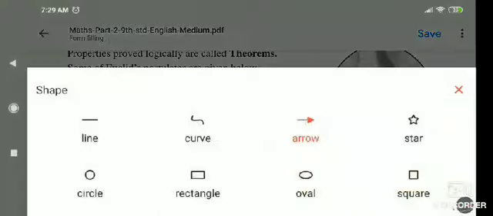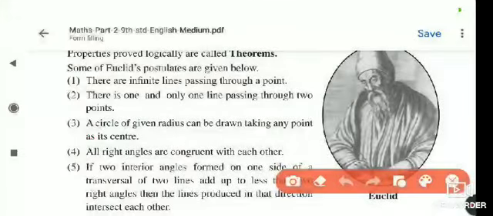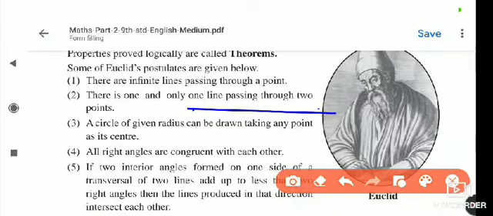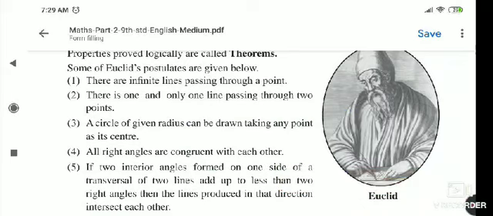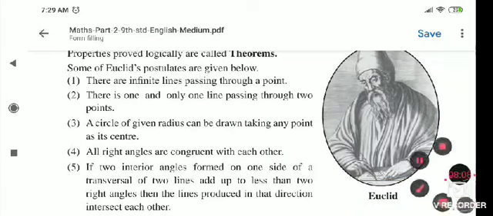If I draw two points here, suppose this is one point and this is another point, and I try to draw a line, then you will see one line is passing through two distinct points. Then second, a circle of given radius can be drawn taking any point as a center.